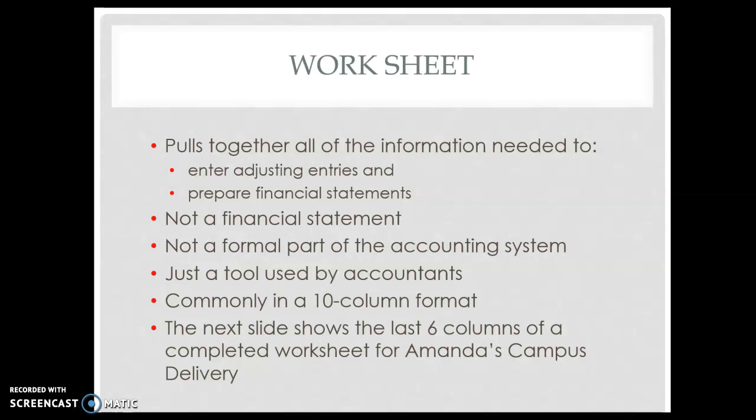The third set of 2 columns is the adjusted trial balance, and that's where we're started. So that's where you have the trial balance numbers, and now you've adjusted them for end of period adjustments, and you come up with the adjusted trial balance. These are the final numbers for that accounting period. That's what we're starting with.